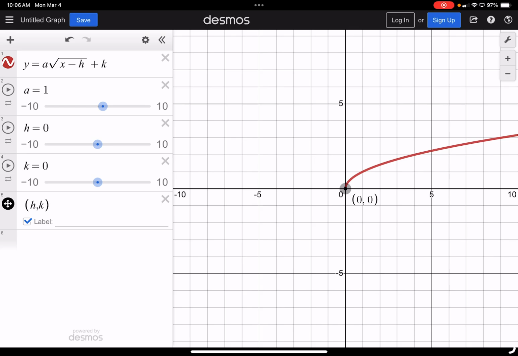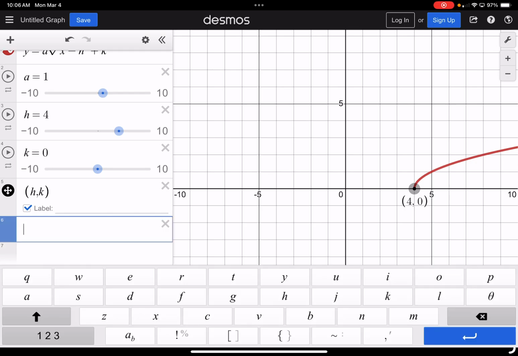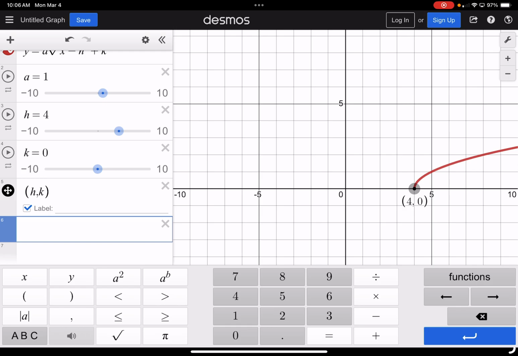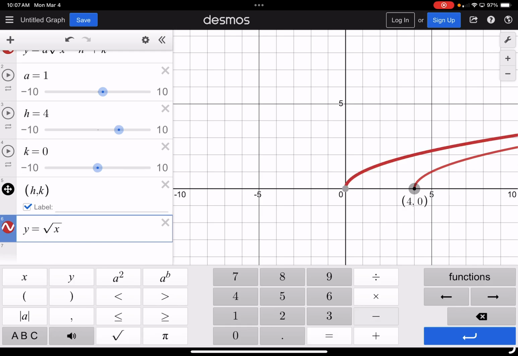And you're going to see, as I move h, right, what's happening to my function? It's moving. As h gets bigger, my function moves to the right. Now, when I'm looking at the graph of this function, as it stands right now, this would look like y equals square root of x minus 4, right? Okay, so when my h value is positive, it looks like an x minus under that square root, right? Because there's a minus in my original format. Okay?